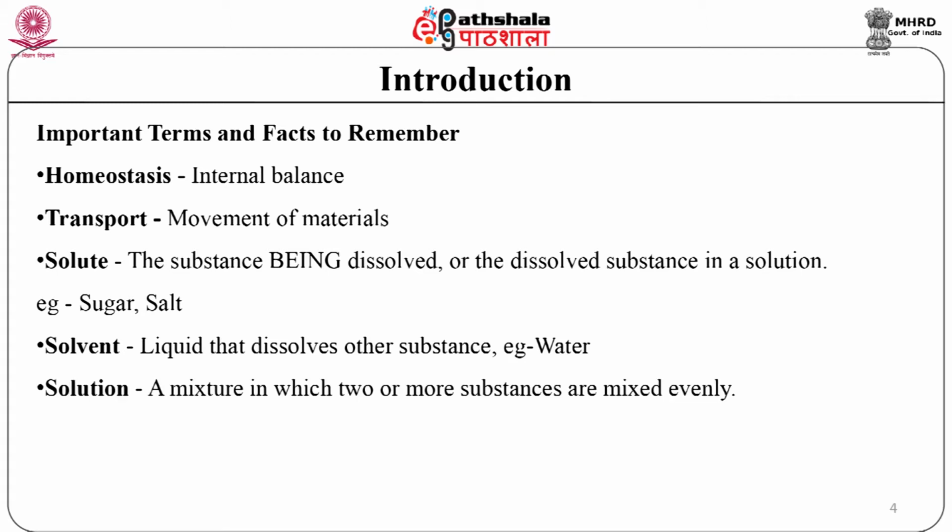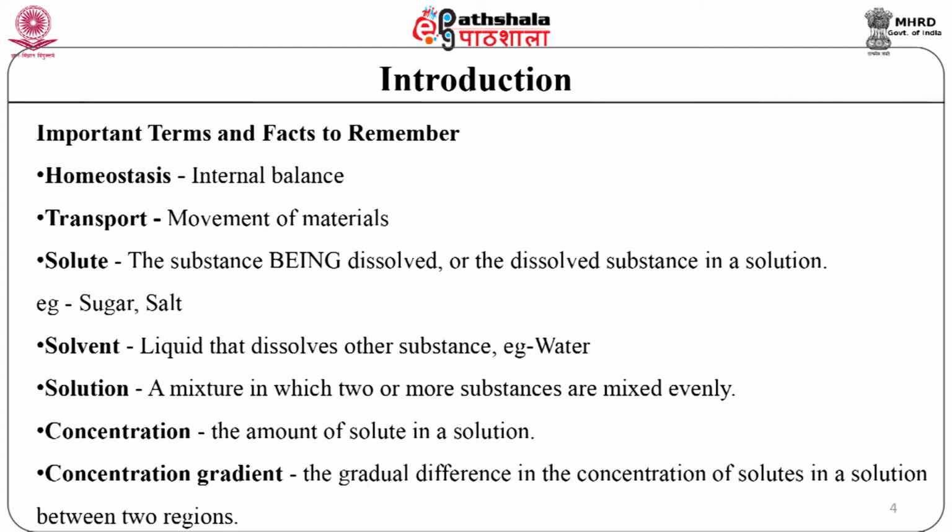Solution is a mixture in which two or more substances are mixed evenly. Concentration is the amount of solute in a solution. Concentration gradient is the gradual difference in the concentration of solutes in a solution between two regions.